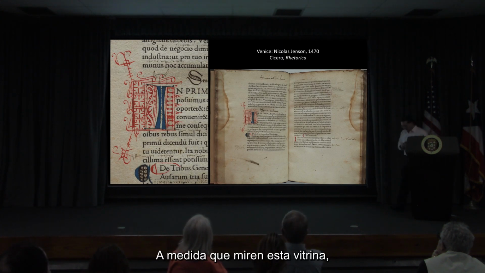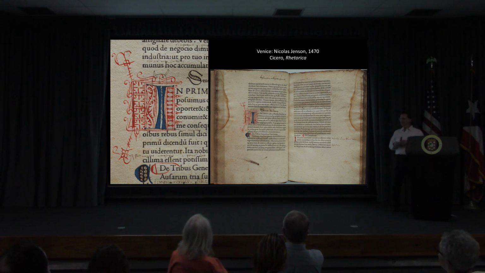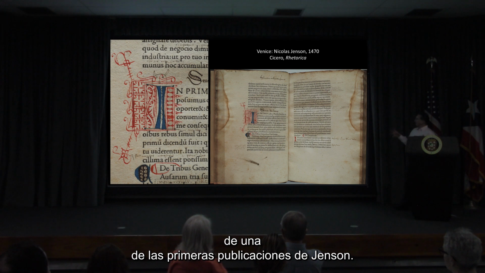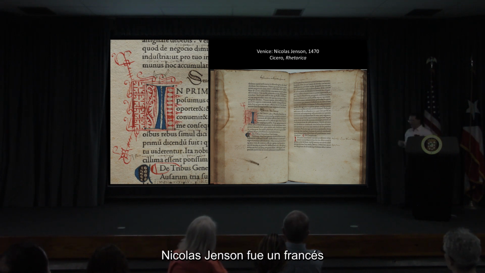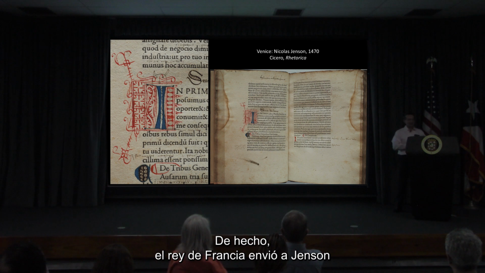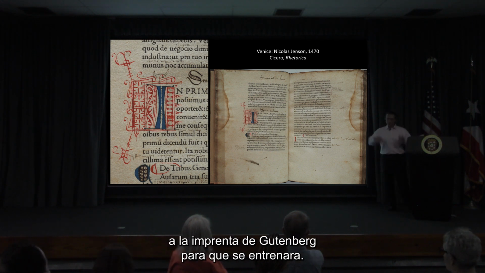As you go to this vitrine, you will find I've chosen this page here of one of the first publications by Jenson. Jenson, Nicolas Jenson, was a Frenchman, but he trained in Mainz with Gutenberg. In fact, the King of France sent Jenson to train in the Gutenberg shop.